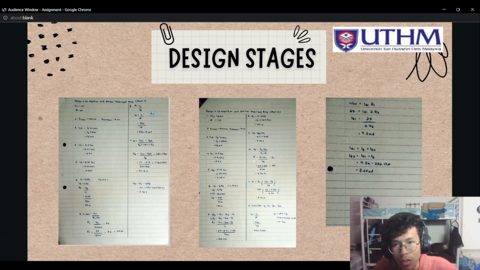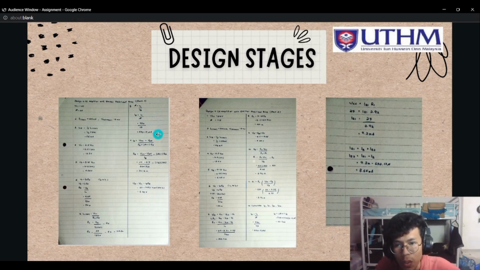As for question number 8, it is to calculate the IB. IB we can get from IC divided by beta, and the answer that we get is 682.17 microamp.